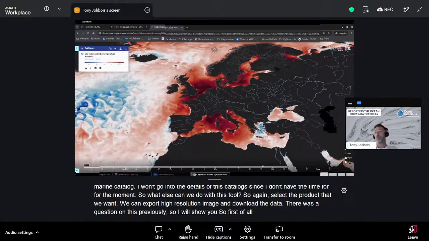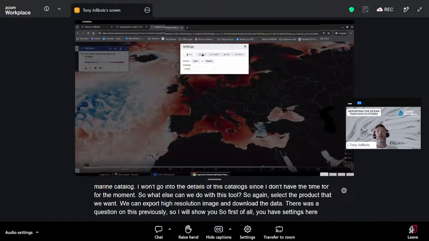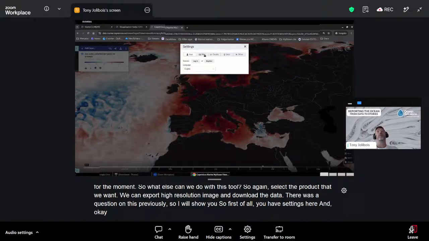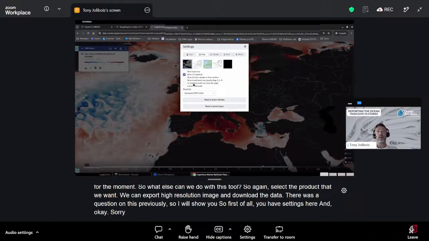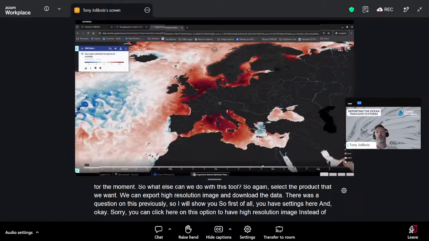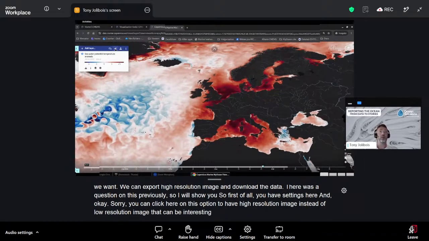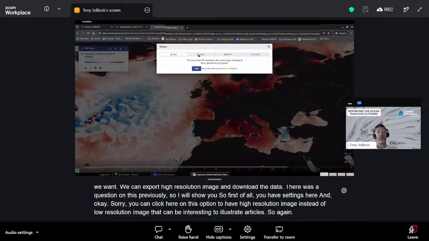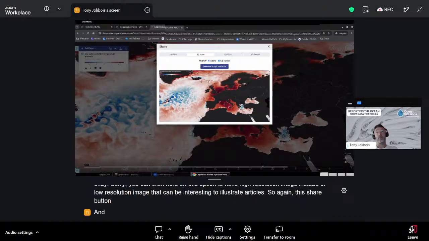First of all, you have settings here, and you can click on this option to have high resolution image instead of low resolution image, which can be interesting to illustrate articles. So again, this share button, and export image. So now you have a high resolution image instead of a low resolution one.